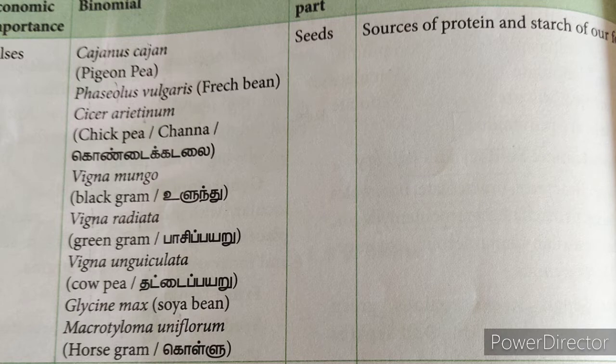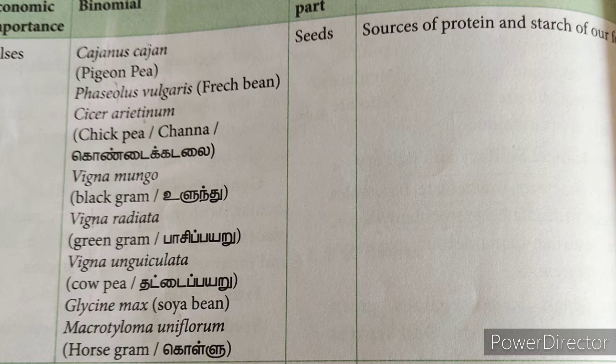Cajanus cajan. Now I am reading the binomials, so listen carefully children, and then you can practice later. Cajanus cajan, commonly called pigeon pea. Phaseolus vulgaris, French bean. Cicer arietinum, commonly called channa or chickpea, kondai kadalai.